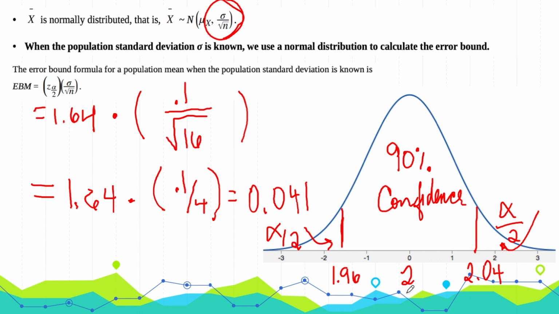Instead of just giving a point estimate and saying that it's about 2 ounces, we actually have an interval that serves as an interval estimate. We know with 90% confidence that the true population mean of our candy weights is between 1.96 ounces and 2.04 ounces.